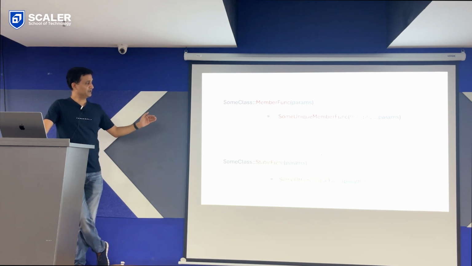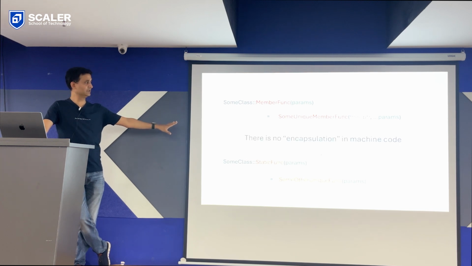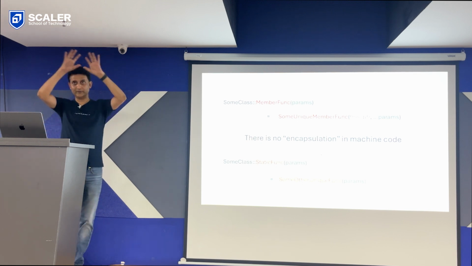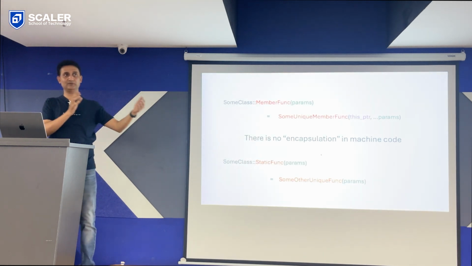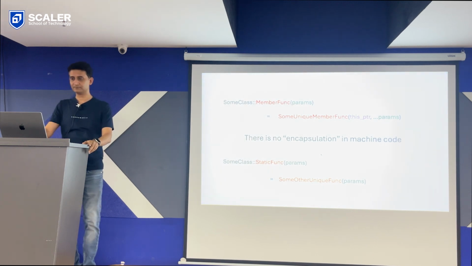And whenever you have a static function, like static void main that you see in Java, that doesn't rely on any object instance being created, correct? So it doesn't take in the this pointer. Understood? There is no encapsulation in machine code.